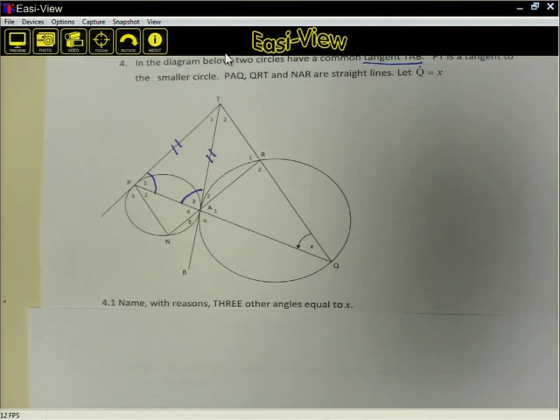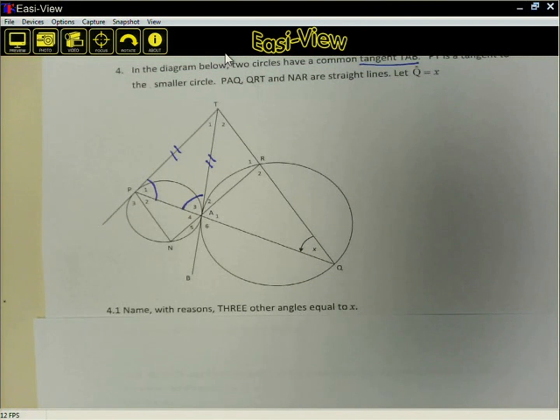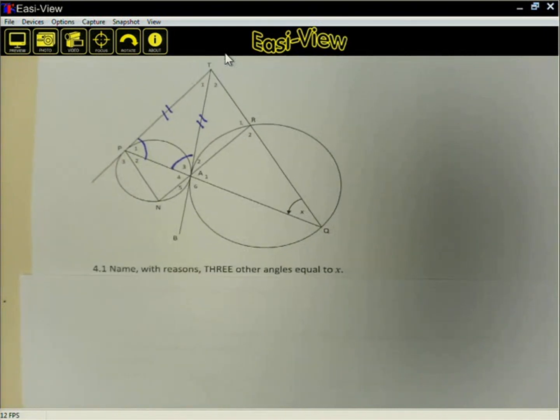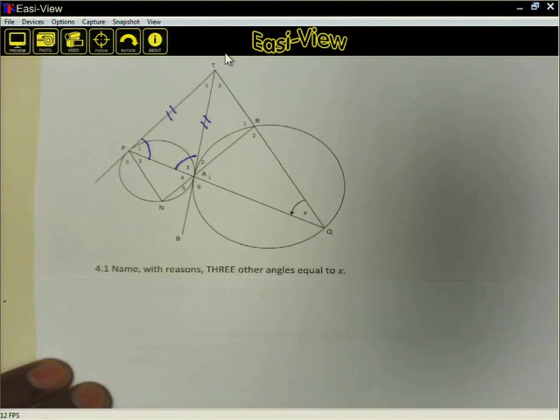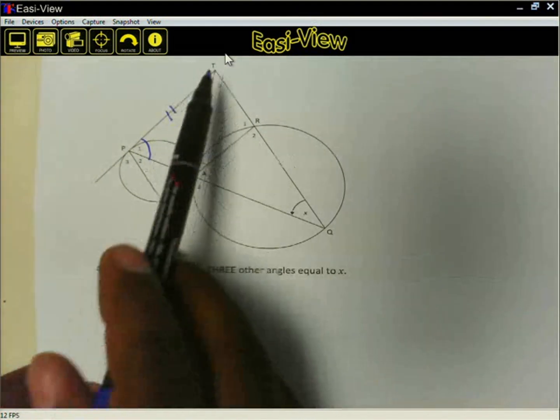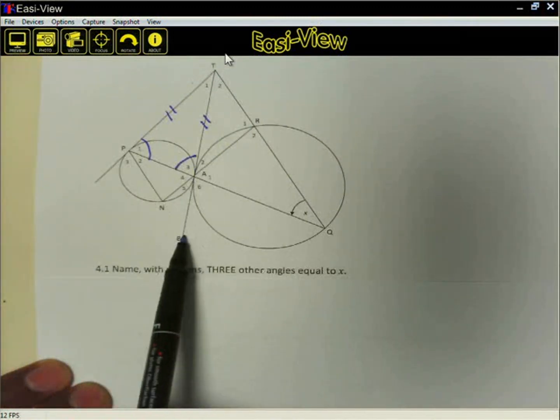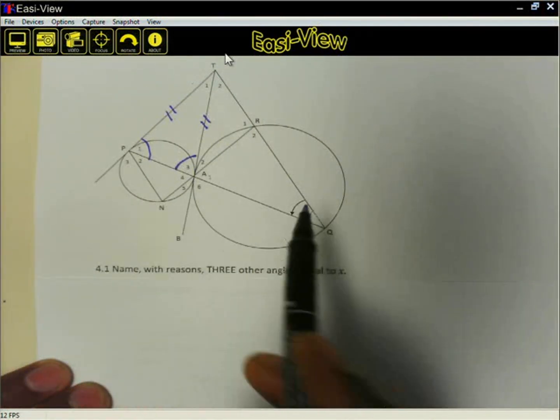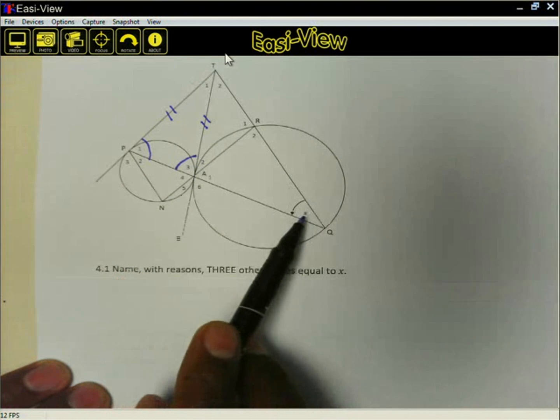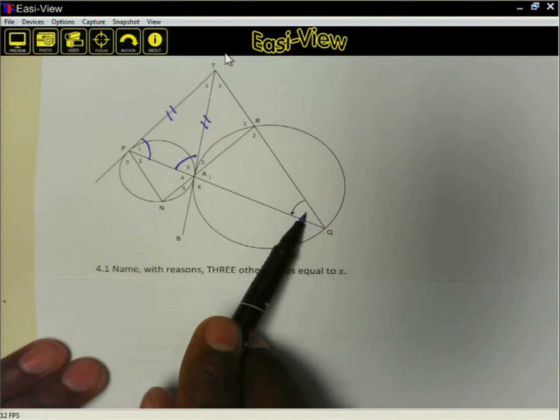So Q is equal to X. The first question states, name with reasons 3 other angles equal to X. Because TAB is a tangent to the bigger circle, angle A2 will be equal to X according to the tan chord theorem.